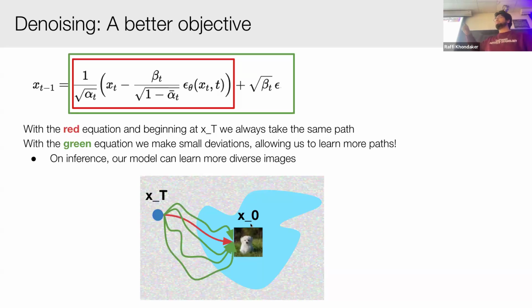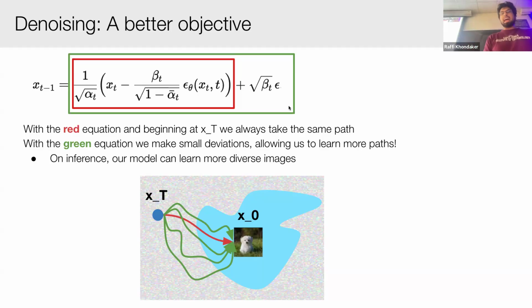So I want to learn as many pathways as I can. If I just learn the one pathway, dog to noise, noise to dog, then what happens if I sample a different noise, or I start somewhere else in my image space?